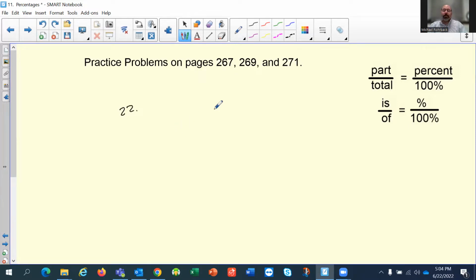Okay, so we again have what percent. So as soon as you hear what percent, x over 100 equals. Now we need the part, we need the total. The total is going to be all the at bats. The part is going to be the strikeouts. So I'm just going to put KO, which is baseball for strikeout.